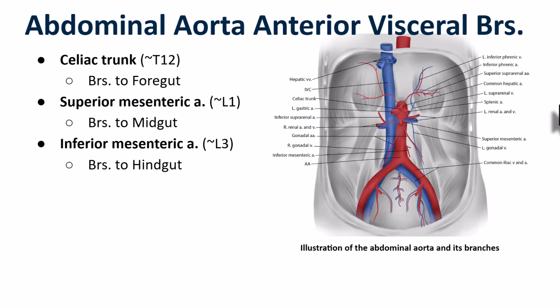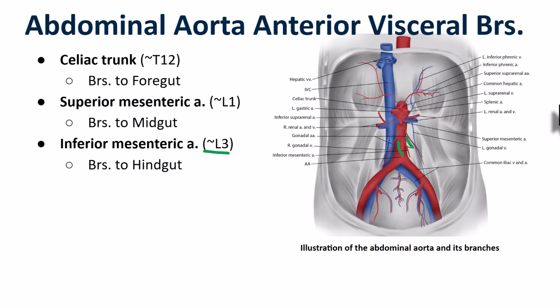Next up, we have the inferior mesenteric artery. This is the smallest of those three branches. That's at about the level of L3. And the inferior mesenteric artery is going to serve the hindgut. So that would be the final third of the transverse colon, the descending colon, the sigmoid colon, and the rectum.